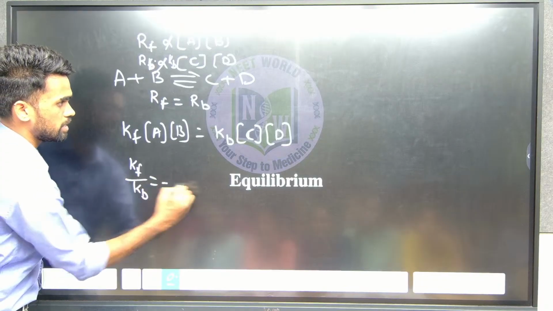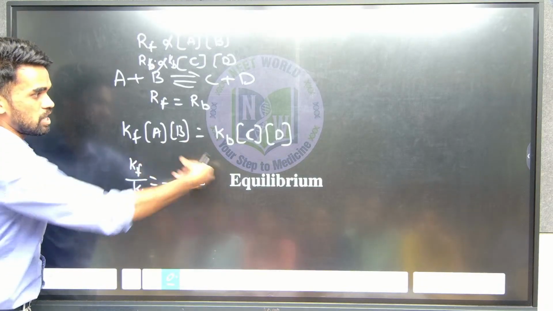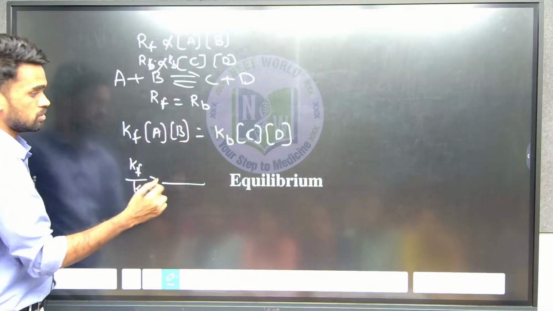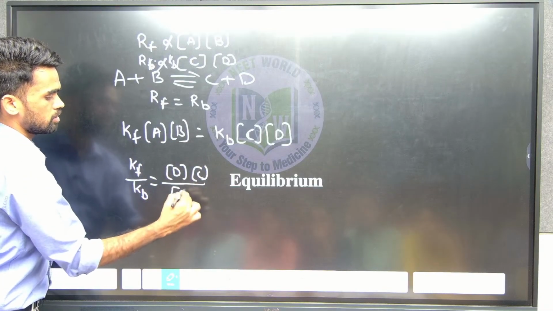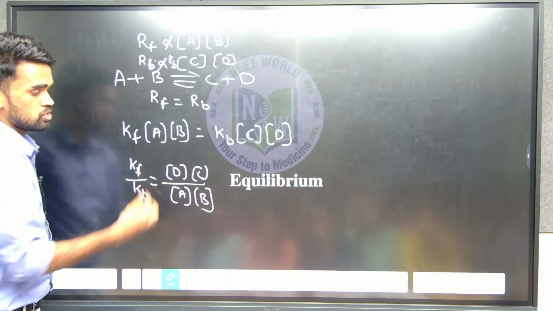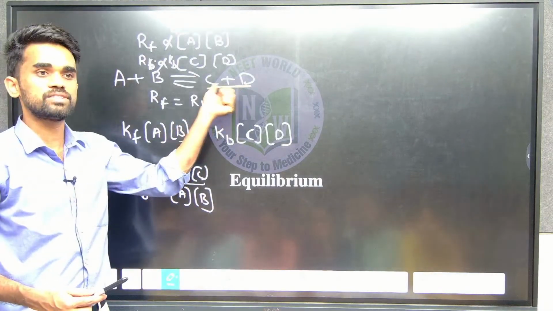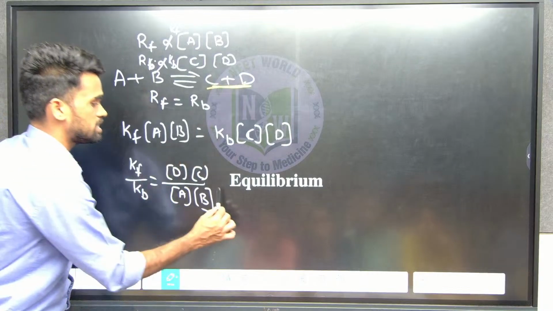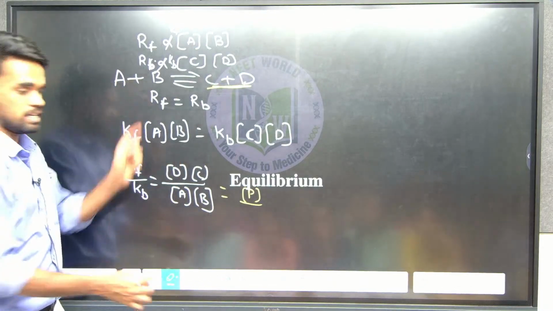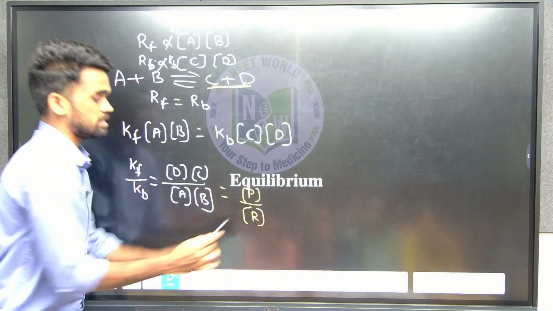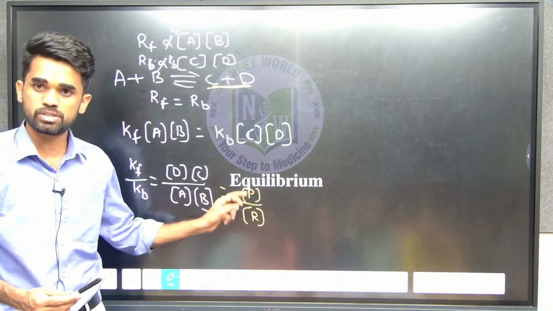Now bring Kf and Kb to one side and the concentrations to the other side. So Kf by Kb equals the concentration of C and D by A and B. These C and D are the product side, so I simply write concentration of products by concentration of reactants. Just for remembrance, you can make it like this.